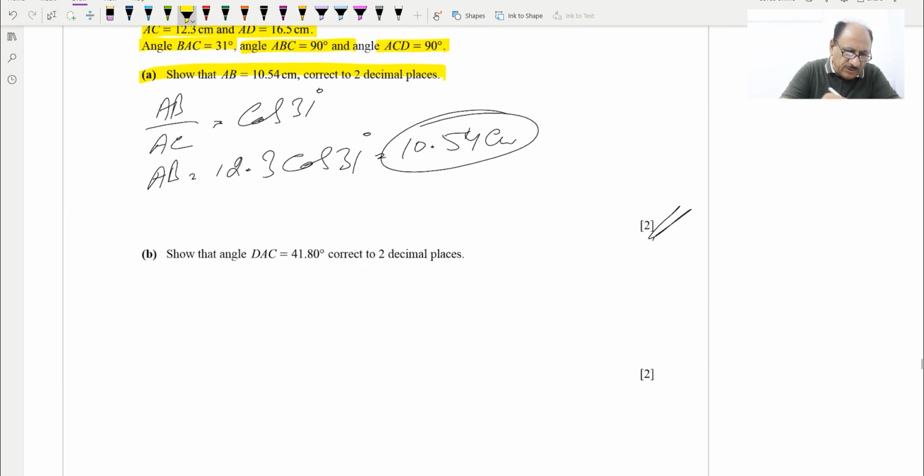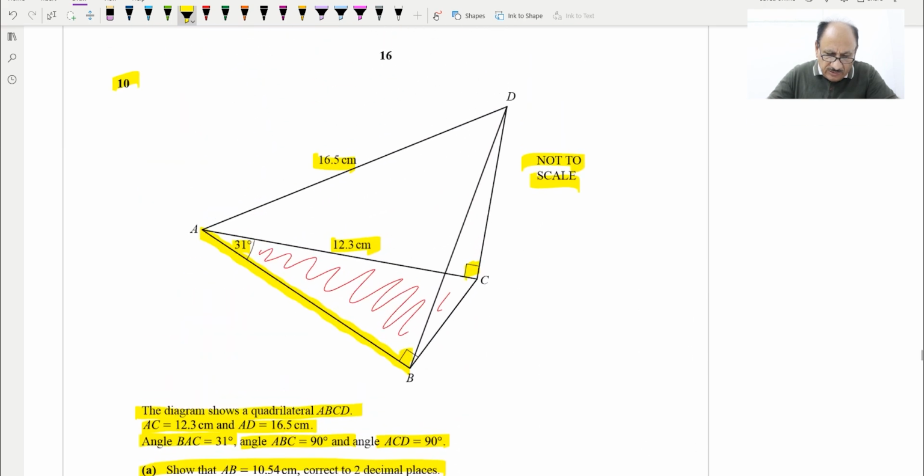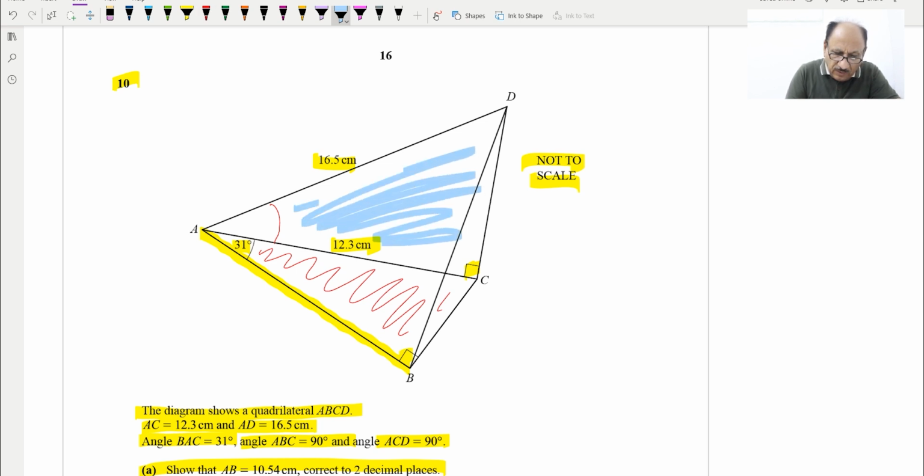Now for B part, they're saying show that angle DAC is equal to 41.80. Angle DAC is which angle? This angle. Now we can show this, but we need to consider this triangle.